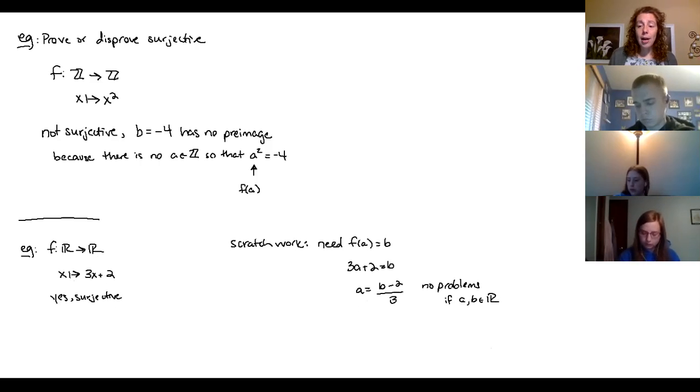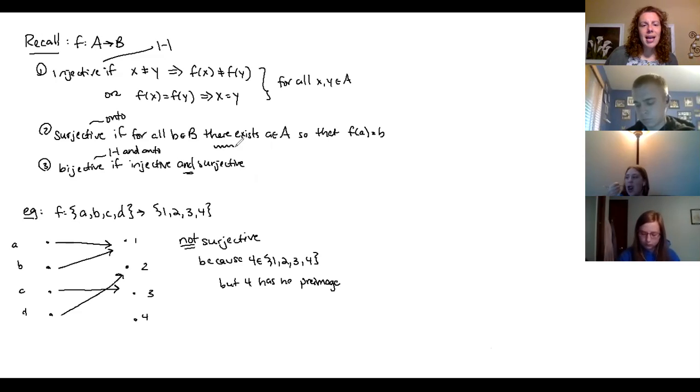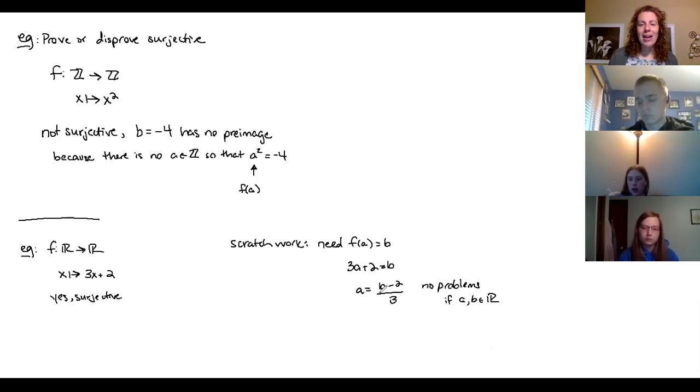So remember our definition, right? There exists an a living in A. So we can choose a to be whatever we want. This is an existence proof. We're choosing a. Well, that's fantastic because our scratch work told us what to choose a to equal.